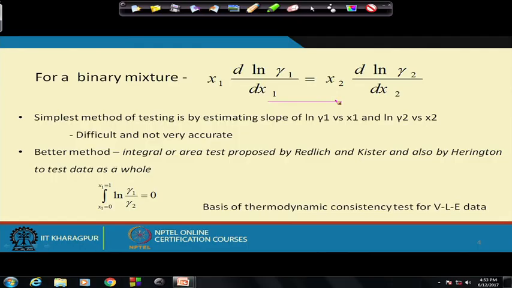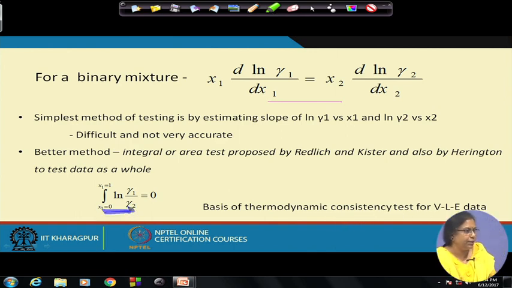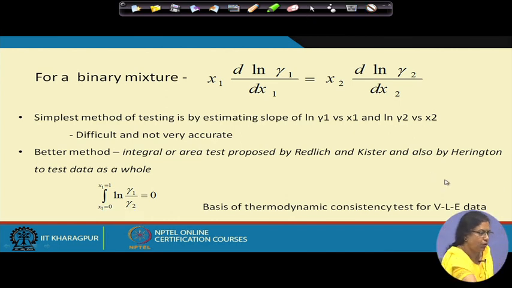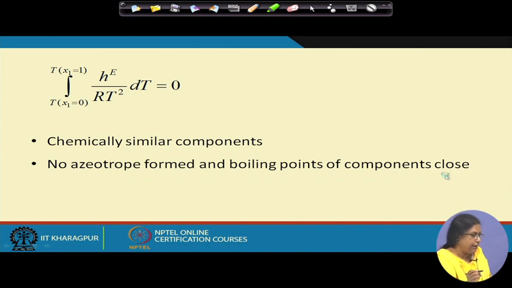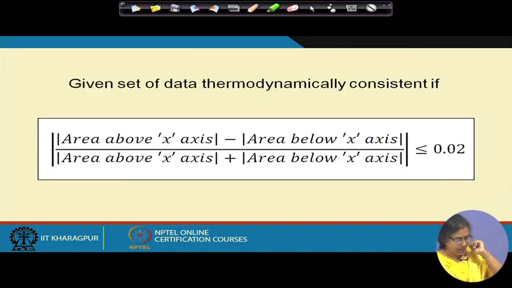So, with this it is quite evident that the basis for testing thermodynamic consistency of VLE data is given by this particular equation. And we also know that we are dealing with experimental data.